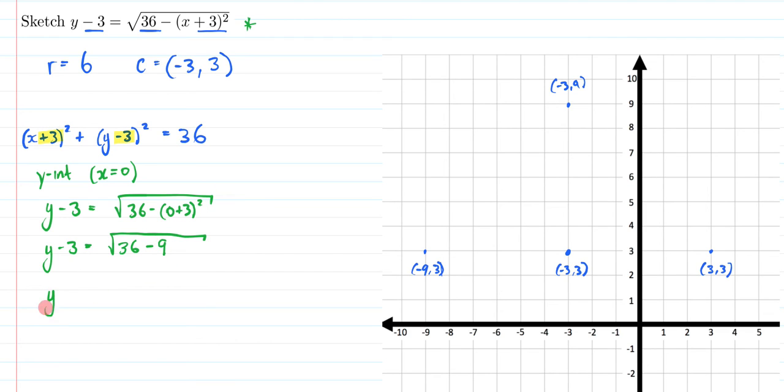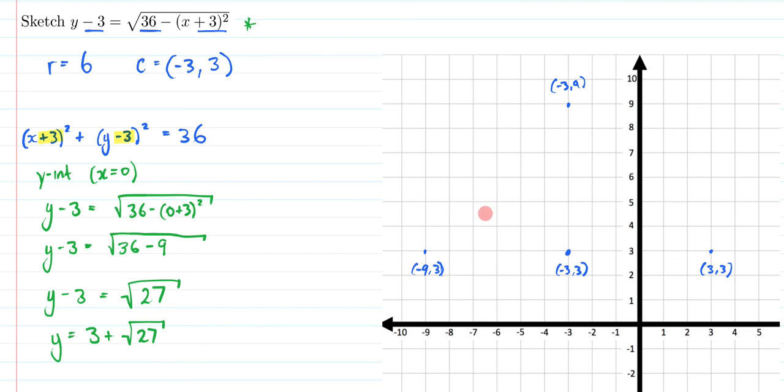And then I'm going to be left with y minus 3 equals 36 minus 9 is 27. Y equals 3 plus the square root of 27.